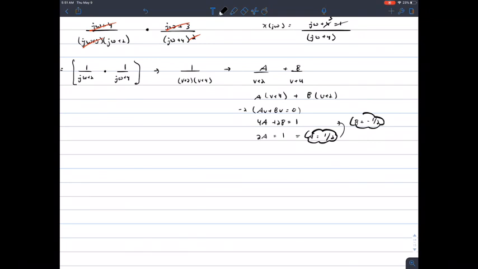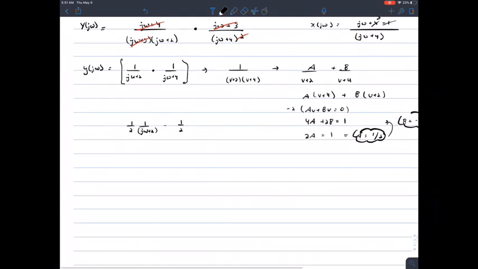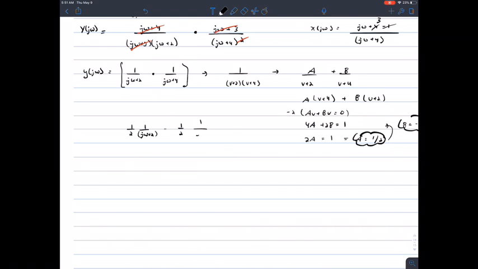Alright, and let's plug it in. So A is going to be 1/2 times 1 over (jω + 2), minus 1/2 times 1 over (jω + 4). Okay, almost done, guys. So this is Y(jω).